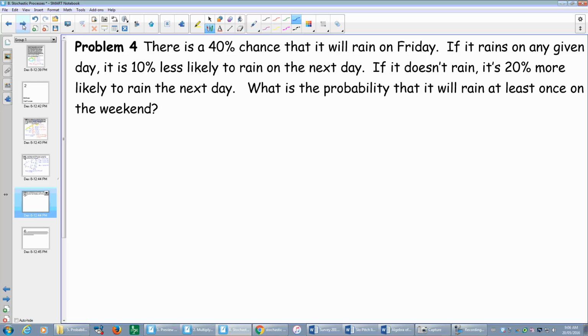Okay, so this one's a little bit tricky because it kind of carries through. So I have here Friday. The probability that it will rain on Friday versus not would be what? Well, how would I set this up? Spencer, can you help me out?